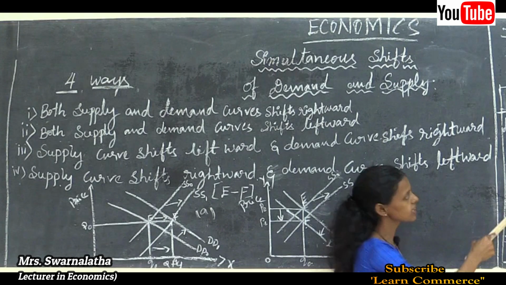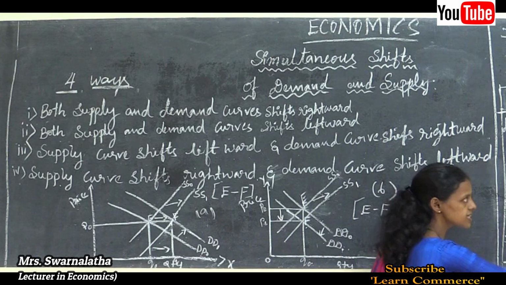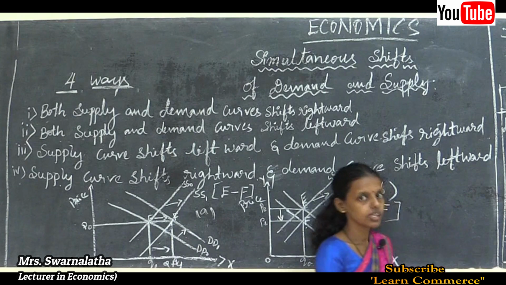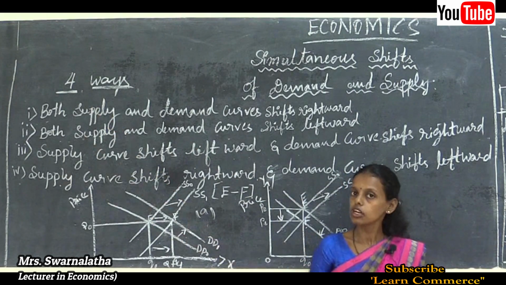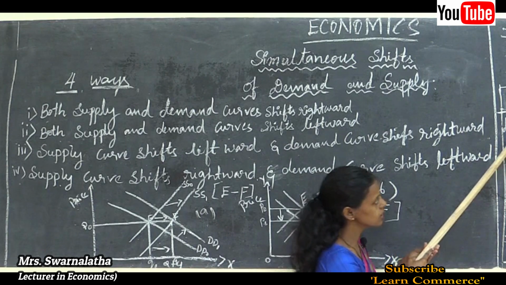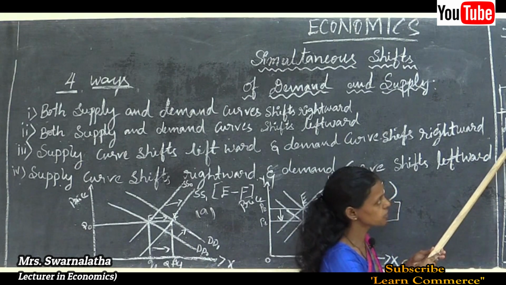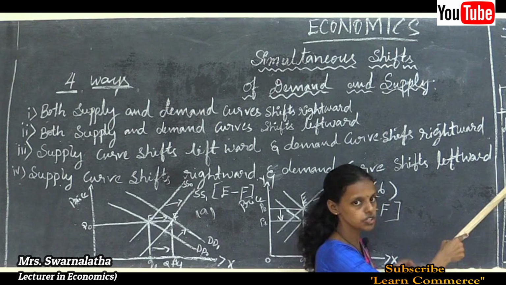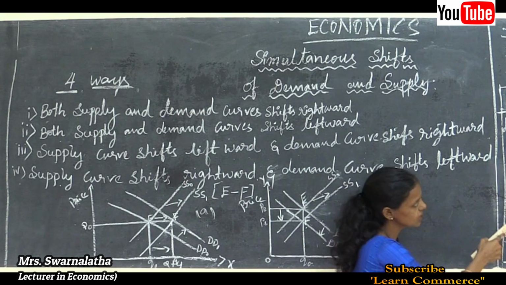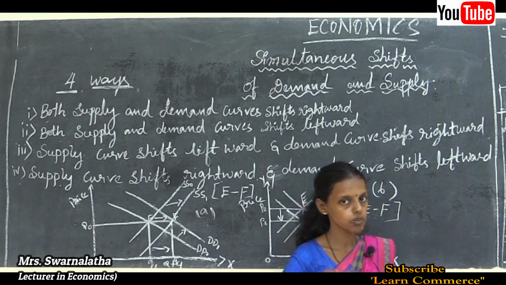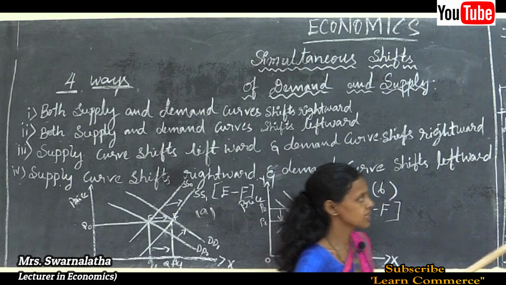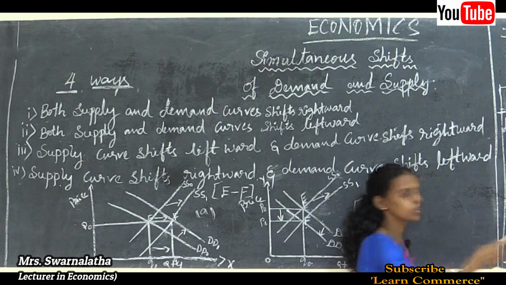When quantity decreases, price may increase, decrease or remain unchanged. Suppose, as we explained in the first figure, panel A, when the demand curve shifts leftward and the supply curve shifts leftward, the quantity of production decreases, but the price may increase, decrease or remain unchanged.